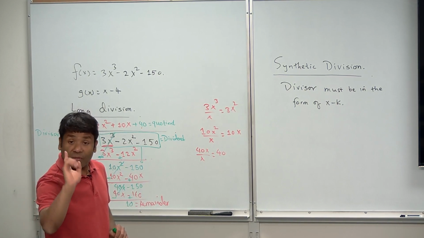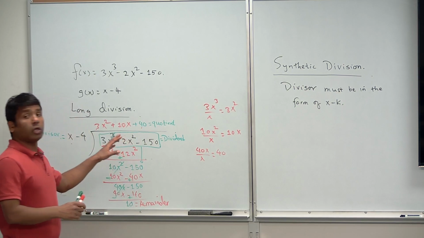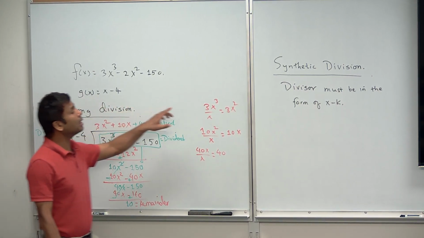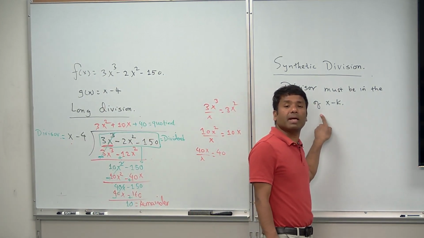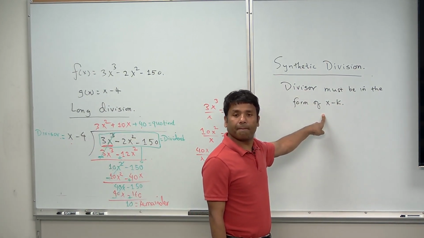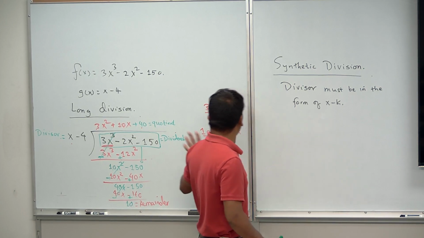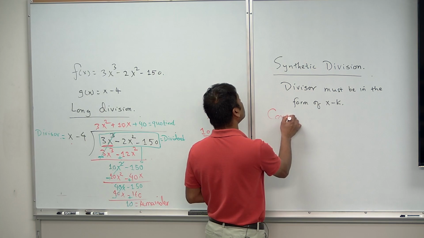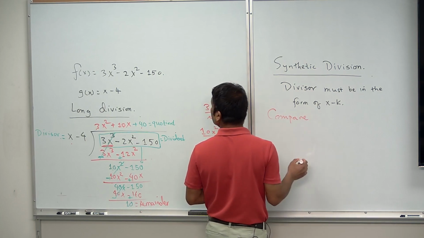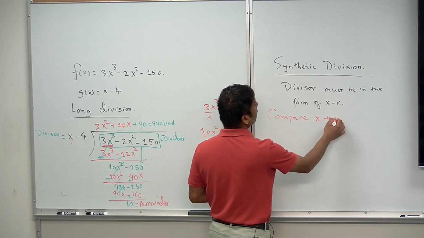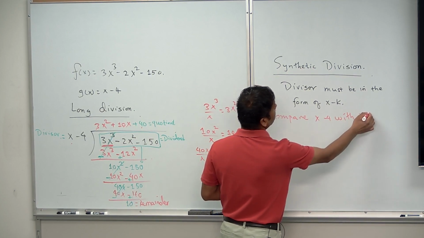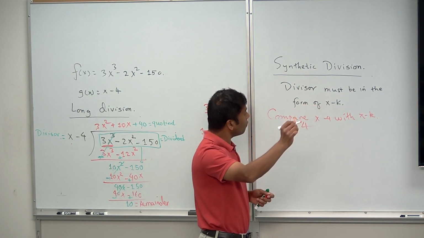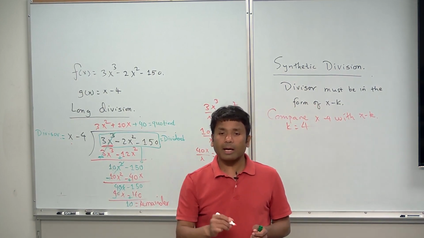And we can use synthetic division here because your divisor, x minus 4, is exactly in the form of x minus k. Is that right? If you compare x minus 4 with x minus k, then you will get the value of k equal to 4, right?